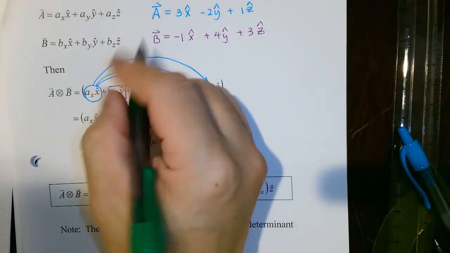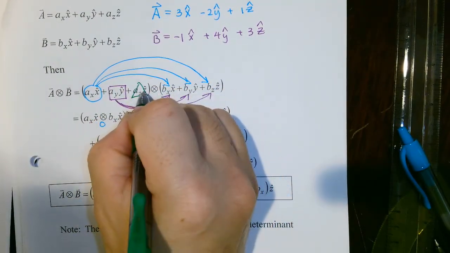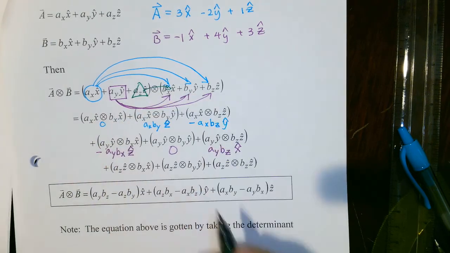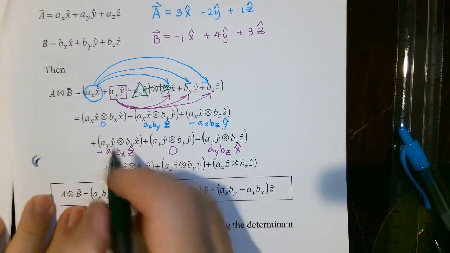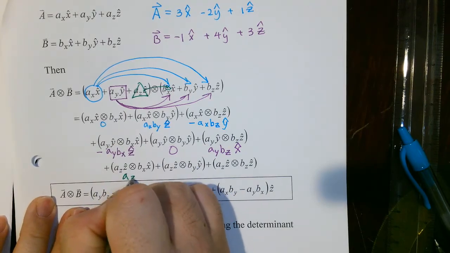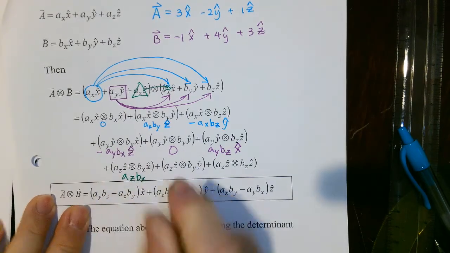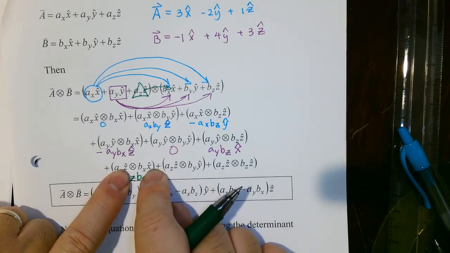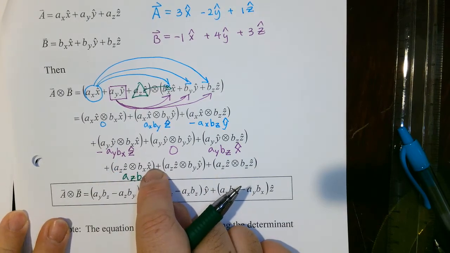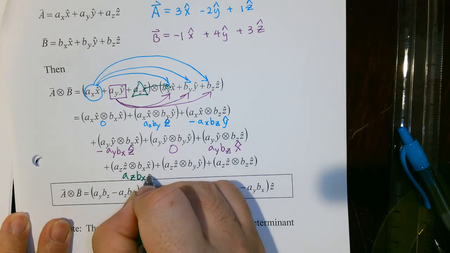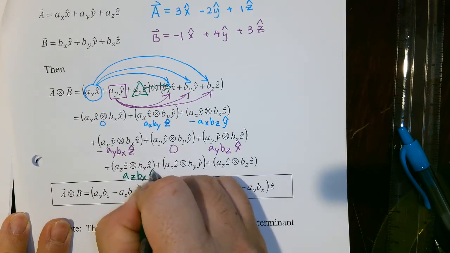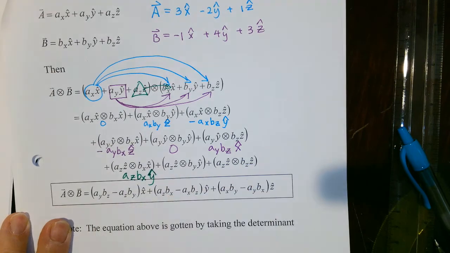Now we'll do A_z z hat cross B_x x hat, which will give me A_z B_x. z hat cross x hat will give me positive y hat. Very good.